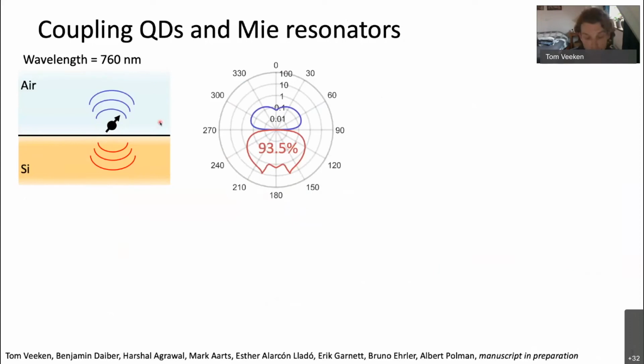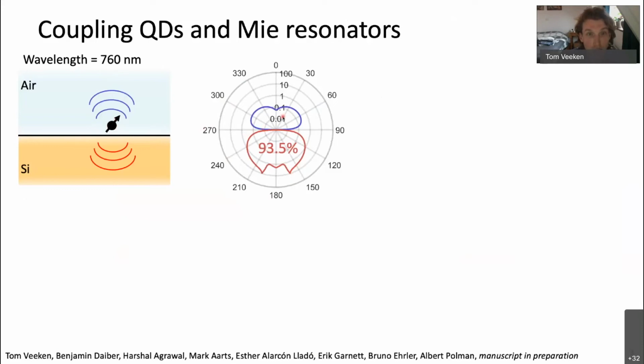So we use first Green's functions calculations to calculate what the emission as a function of direction is for this dipole above the surface 5 nanometer away from the surface, and we find the result that you see here on the right, 93.5%, when we average over all three polarizations of the dipole, X, Y, and Z oriented.